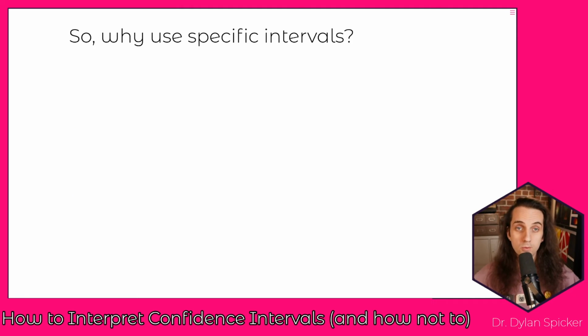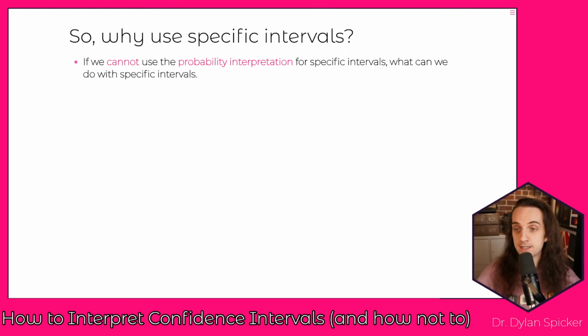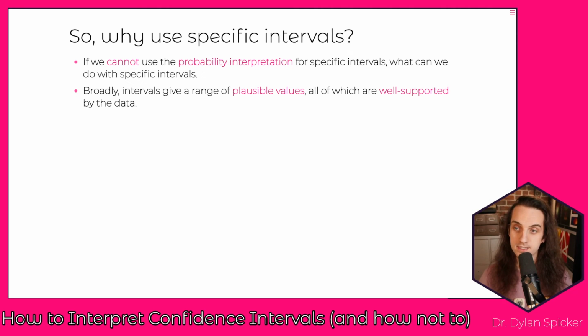Okay. So with all of this, the question remains, how can we use specific intervals then? If the probability interpretation for specific intervals is not useful, then what can we do with them? How can we interpret specific intervals?